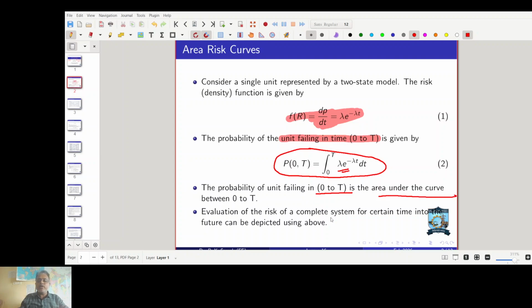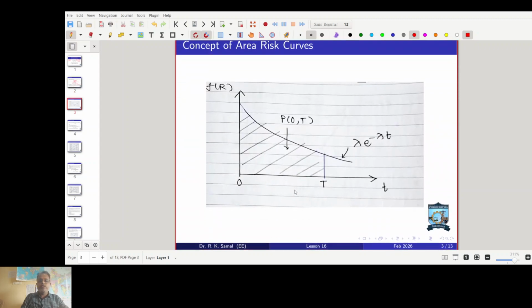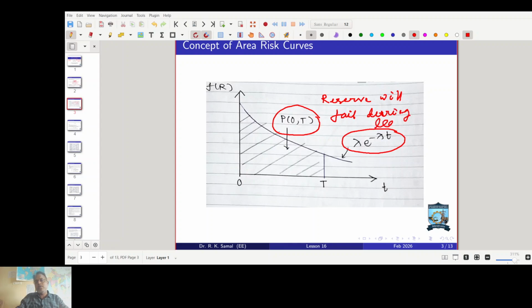The evaluation of the risk of a complete system for certain time into the future can be depicted using the area risk curve. So, two more questions can be asked. What is an area risk curve? This is that area risk curve where this exponential function is plotted, and the area below it is the probability that the reserve, or the operating reserve, will fail during the lead time.